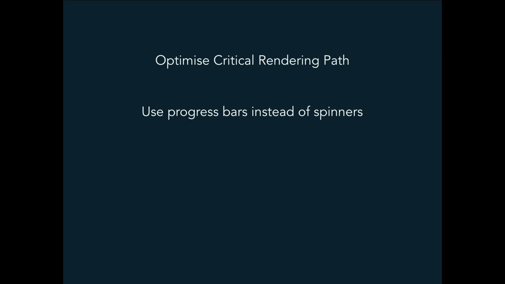And if you searched even further for articles on perceived performance, you would find things like how to optimize the critical rendering path, which means how to extract the part of the code from the website that is above the fold and serve it first. How to use progress bars instead of spinners because they give the user the illusion that something is loading faster.